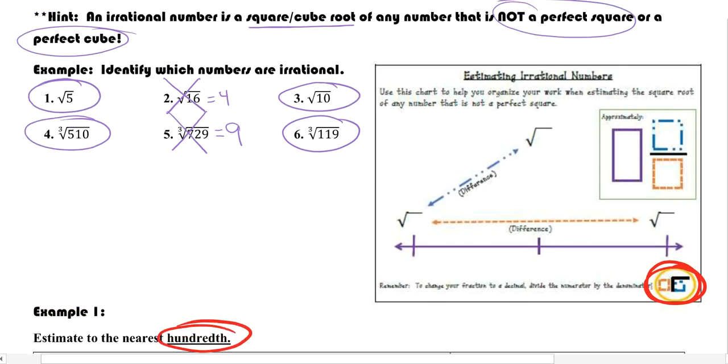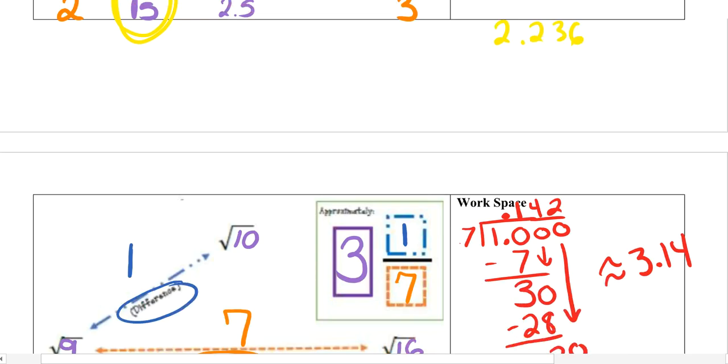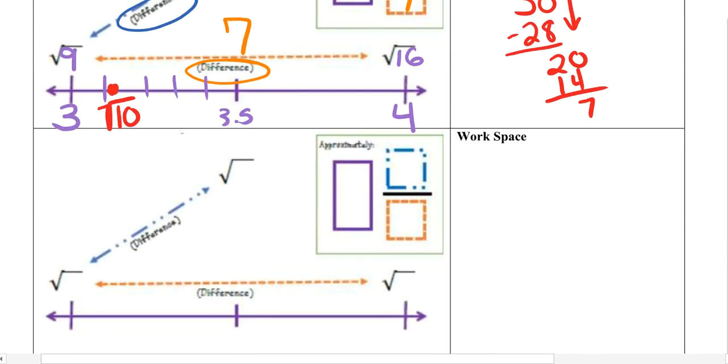Okay, for cube roots, we have the cube root of 510. I'm going to add my cube roots here. Okay, so I have to find between what perfect cubes is 510.